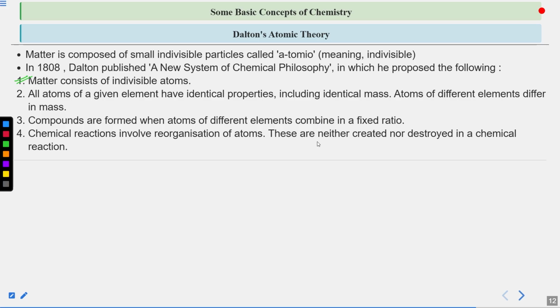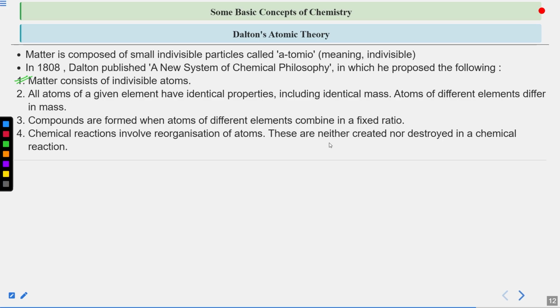Why? Because now in some reactions, the atoms are converted from one form to another, and the example of that reaction would be the radioactive reaction, where we are changing the atom to a different element completely by release of alpha and beta and gamma particles. Okay, so these were the most important points of Dalton's atomic theory.